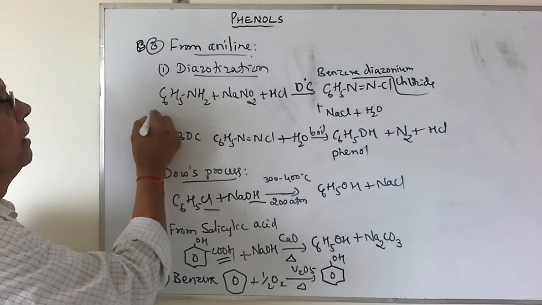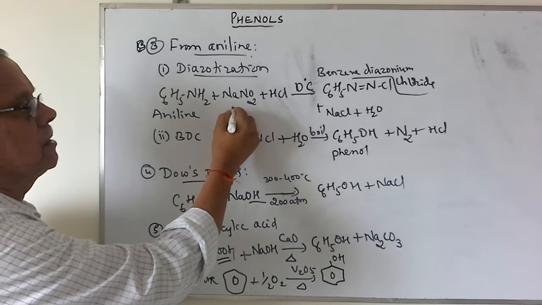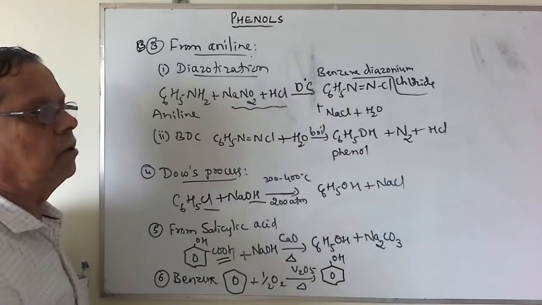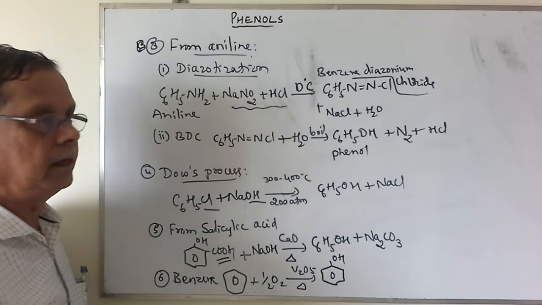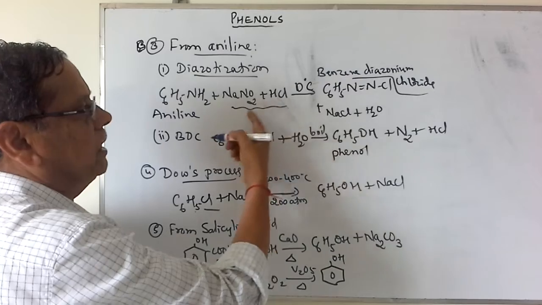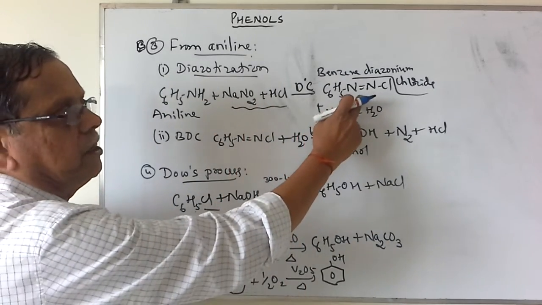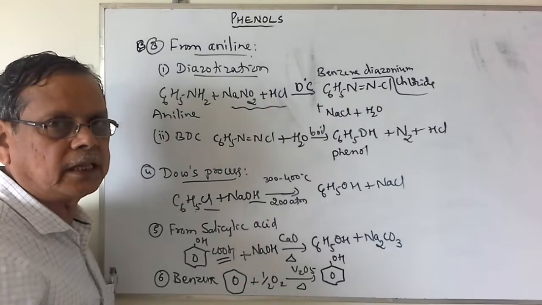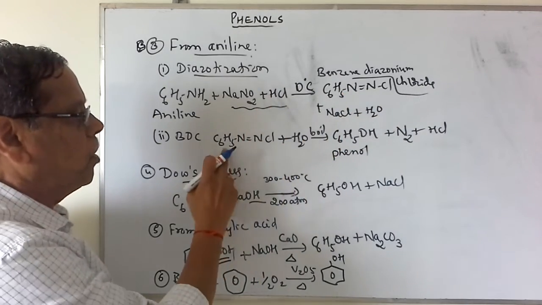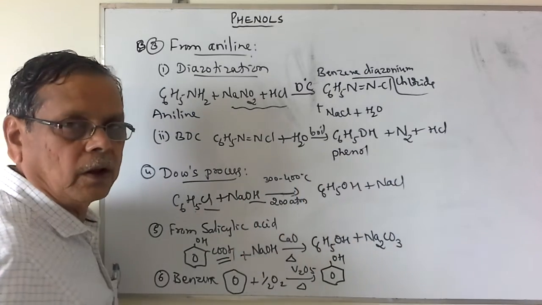So aniline is subjected to diazotization in presence of sodium nitrite and HCl at ice cold condition. It gives rise to benzene diazonium chloride. This reaction is named as the diazotization process. This benzene diazonium chloride can be converted to various other products, but simply by warming or heating the solution, we will get the phenol.